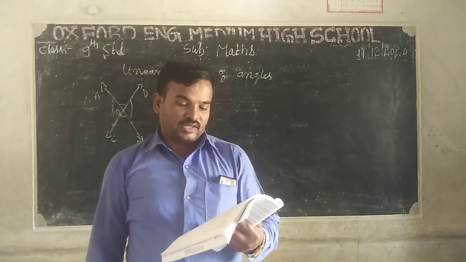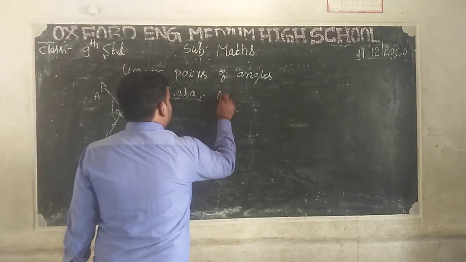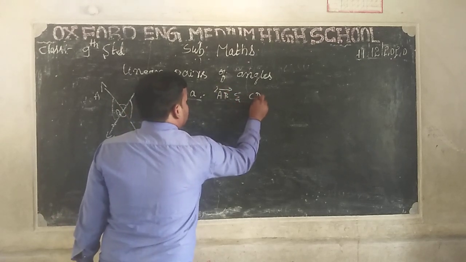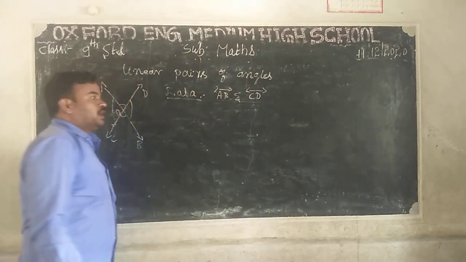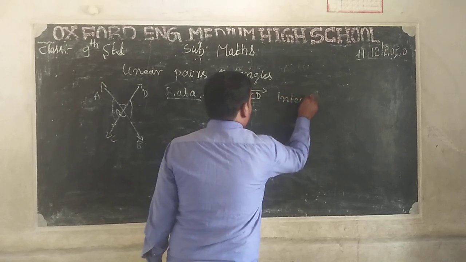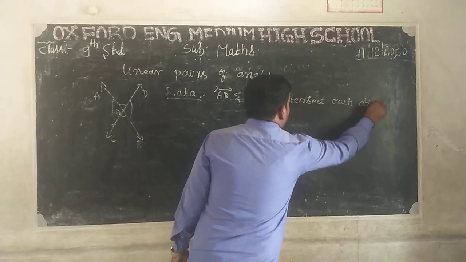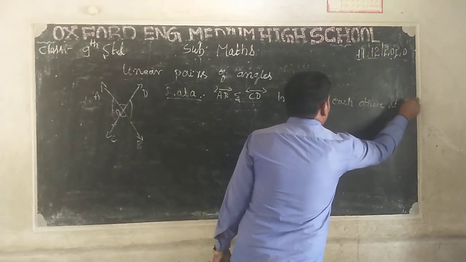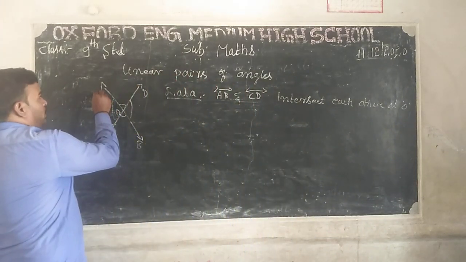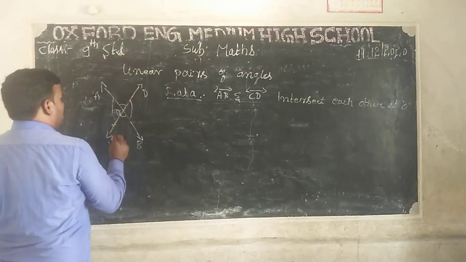Data: two lines AB and CD intersect each other at O. Then they form four angles, which are named AOB, BOD, BOC and AOC.